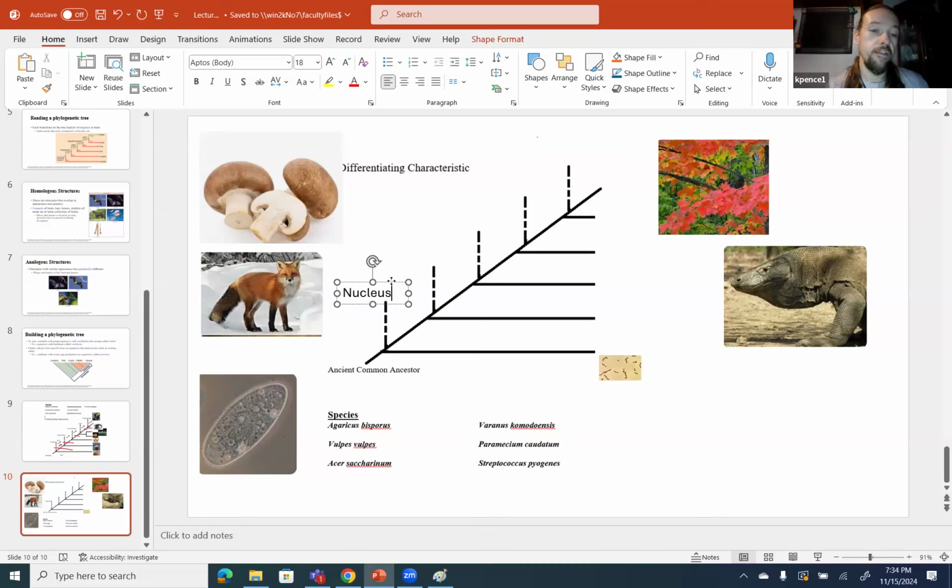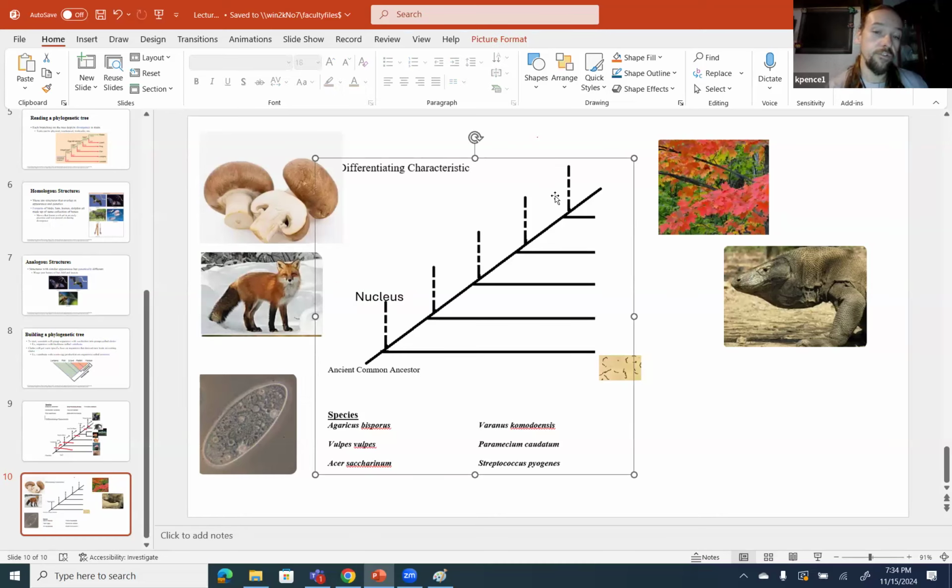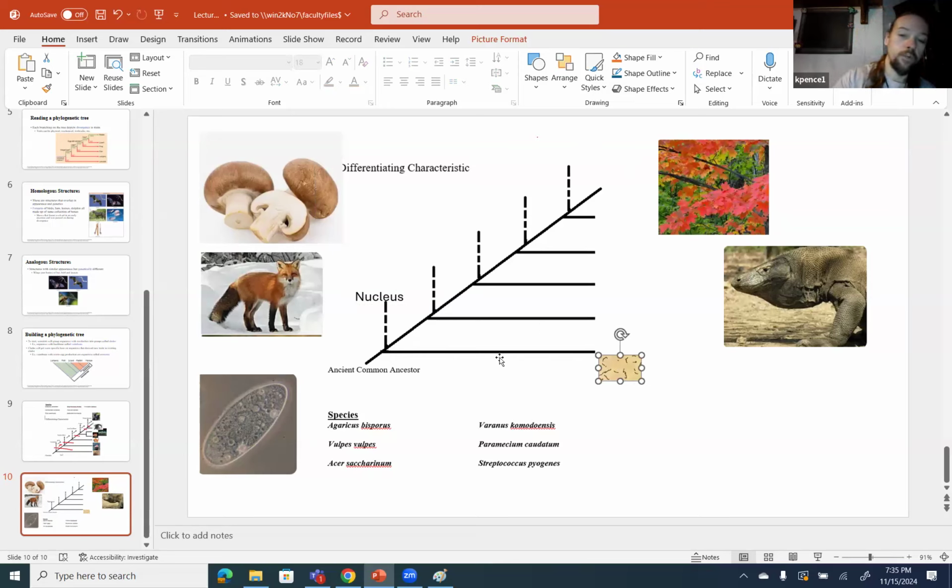That means everything that is going up in this direction has a nucleus, and the one lone guy that came off in this direction does not have a nucleus, and that was my bacteria. Okay, so now we have these five left. Ignore the bacteria, we've done him. Which one now is the most different?